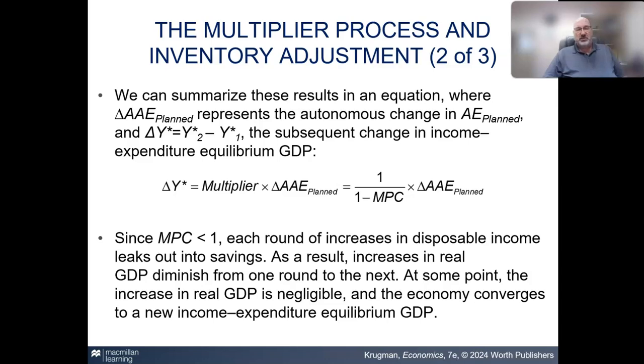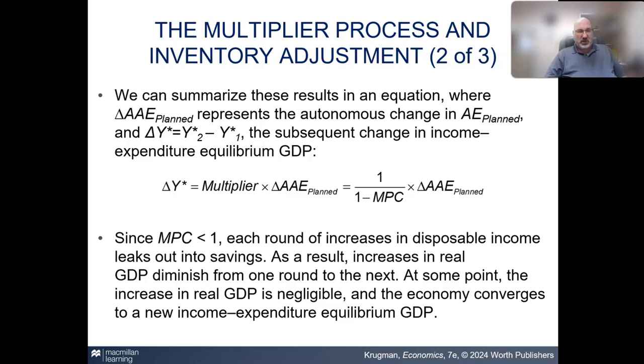So that change in Y is the multiplier times the change in AAE, and the multiplier is 1 over 1 minus the MPC. So we have an MPC of 0.6. So 1 over 0.4 gives you your multiplier, times my change, which is 400.